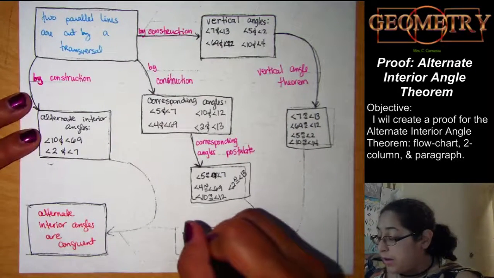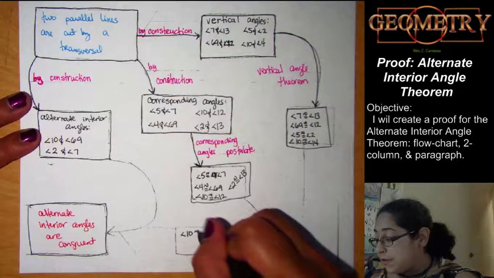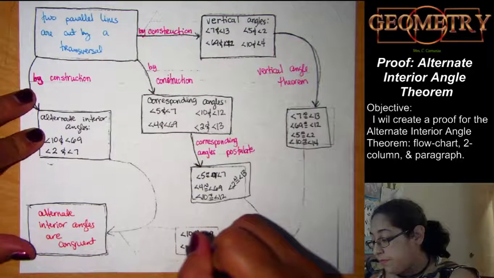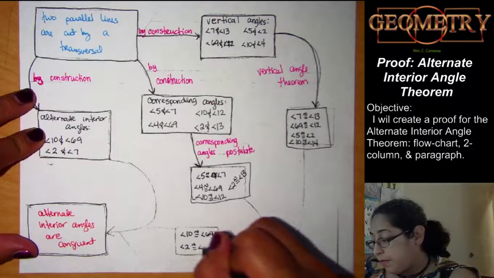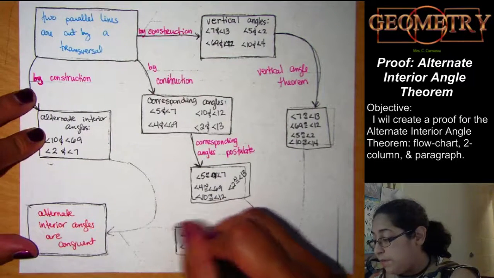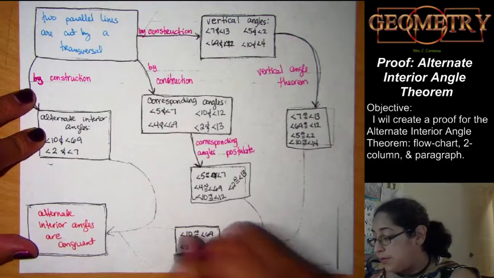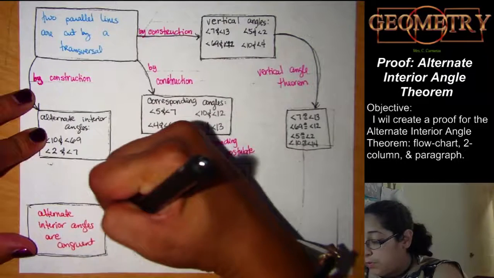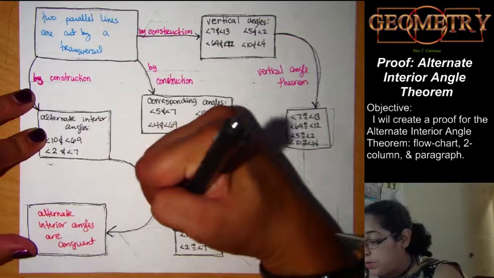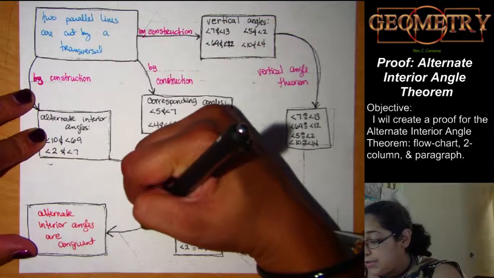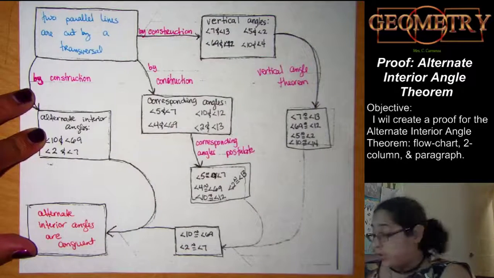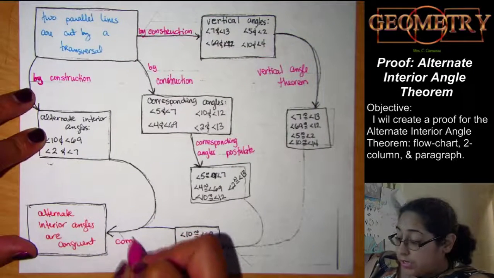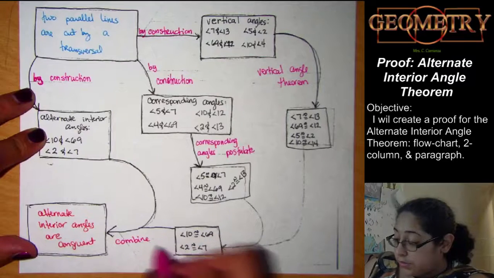So if we can somehow say that these angles right here are congruent to each other, then combining this one right here, which is the list of our alternate interior ones, and this, which is a list of those being congruent, we can combine them to say that the alternate interior angles are congruent.